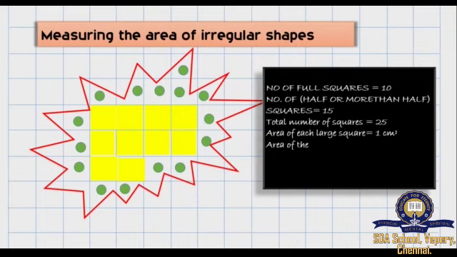As I said earlier, the area of each large square is 1 centimeter square. When you multiply the total number of squares and the area of each large square, you can find the area of the irregular region. That's what I have done here on the board. So 25 into 1, because this is the total number of squares I have considered, into 1. 1 is the area of each large square, and yes, 25 centimeter square.